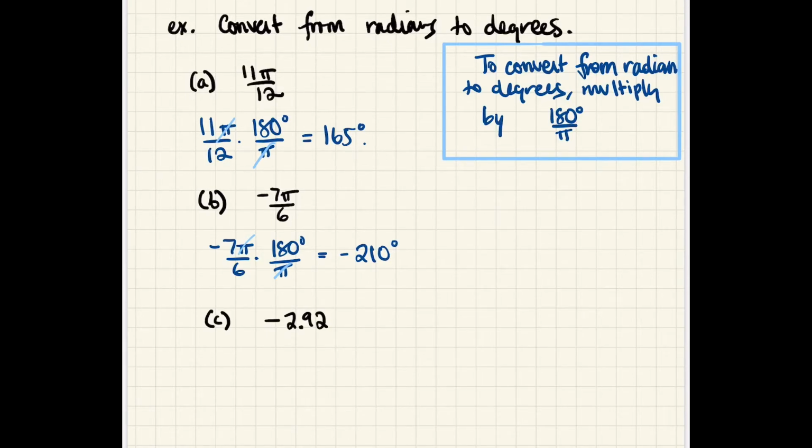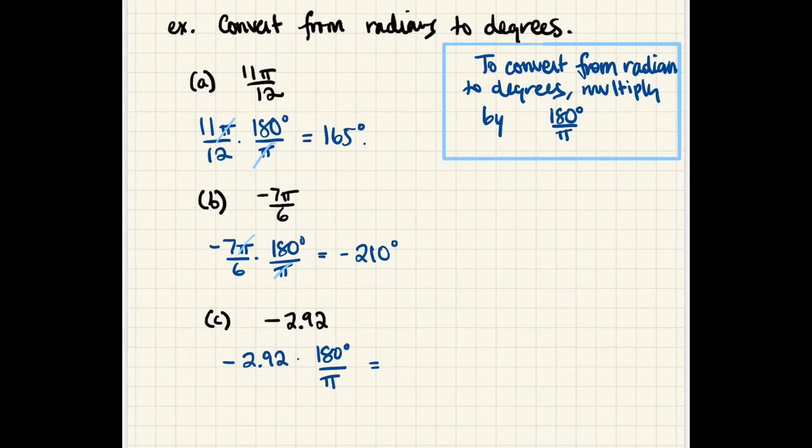Okay, and just like part C from the last example, if you are given a decimal value, that is free license to just use your calculator and give a decimal answer. So of course the calculation is the same. We're going to take the negative 2.92 radians. We will multiply by 180 degrees and divide by pi.